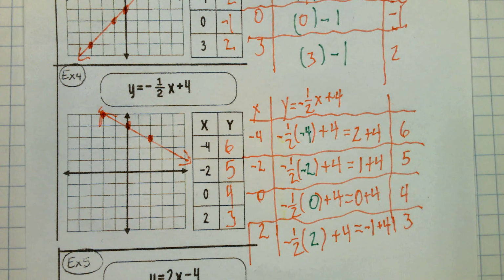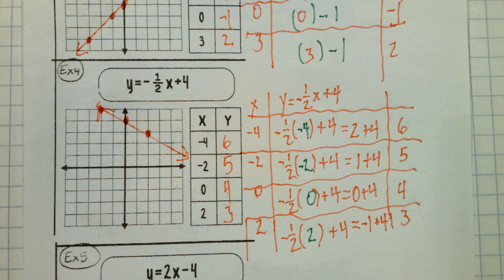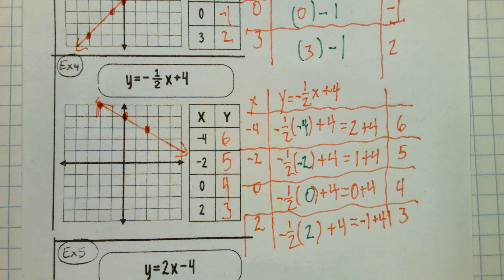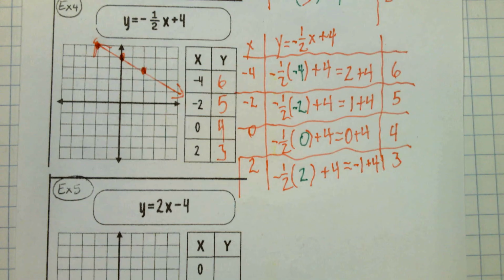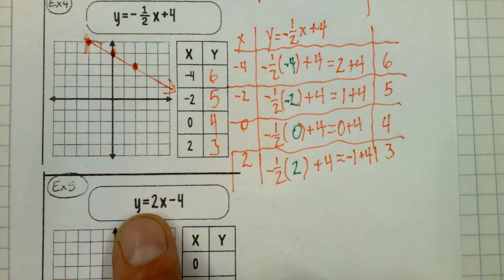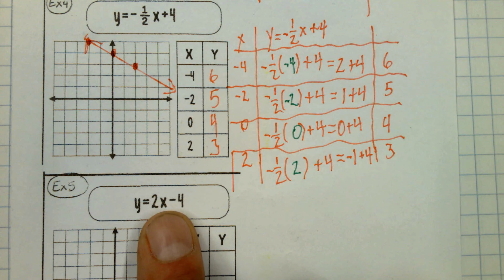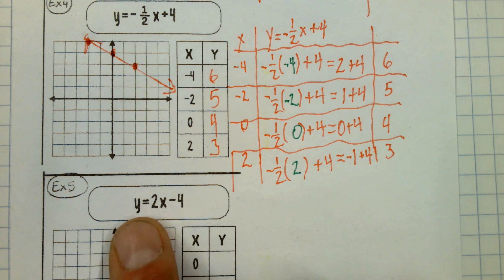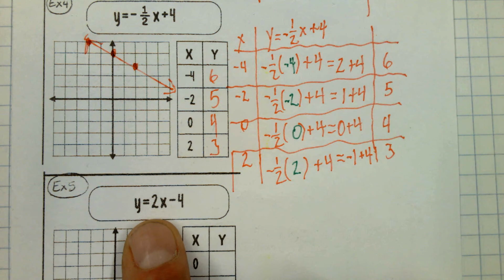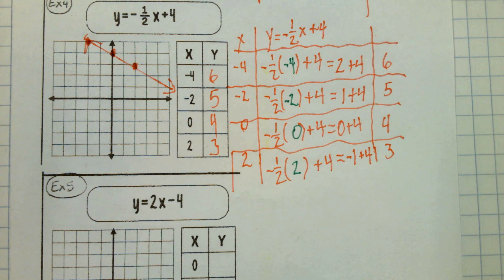So I'd like you to try number 5 on your own. We'll set it up. You'll finish it and graph it, okay? Let's look at our rule. The rule says y is 2 times whatever x is, then you take away 4. Okay, 2 times whatever x is, then you subtract 4.